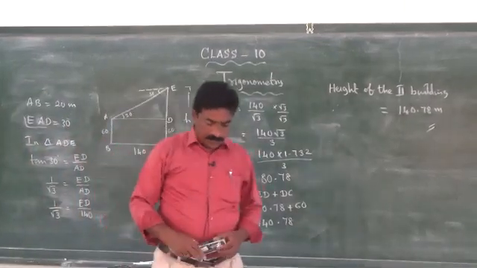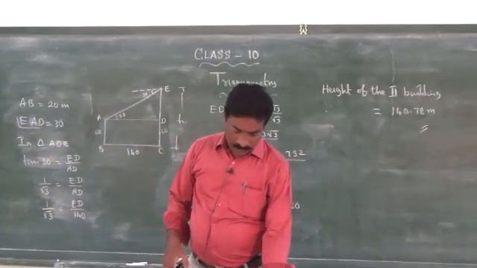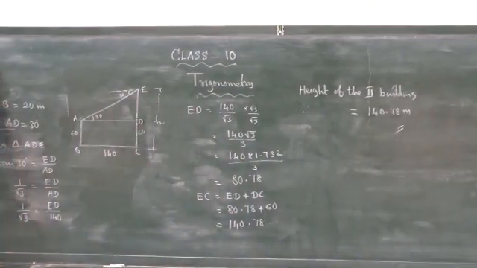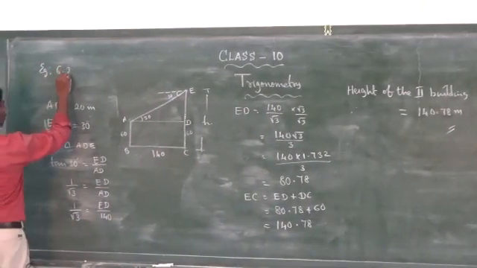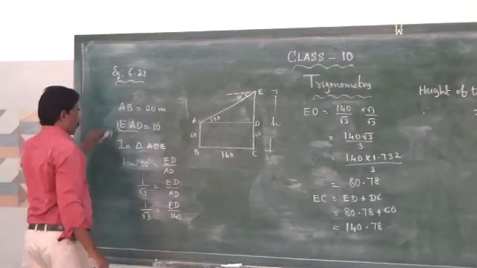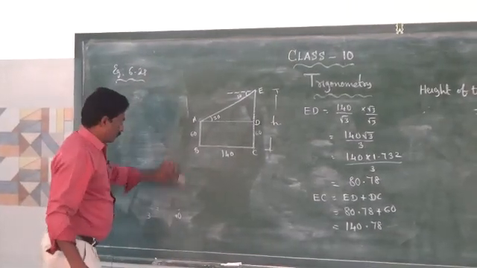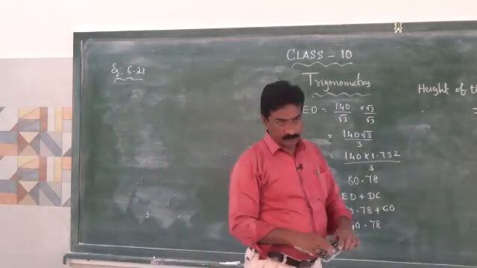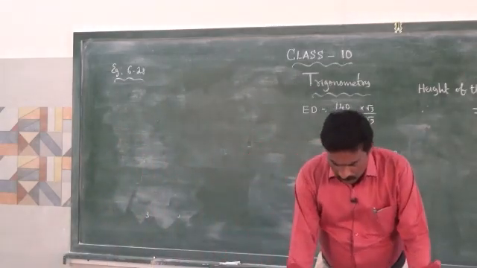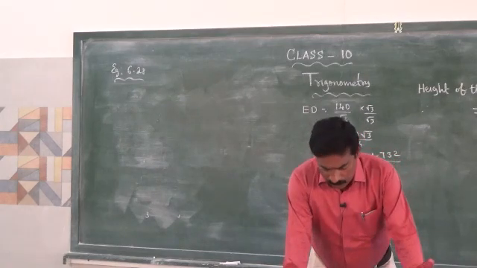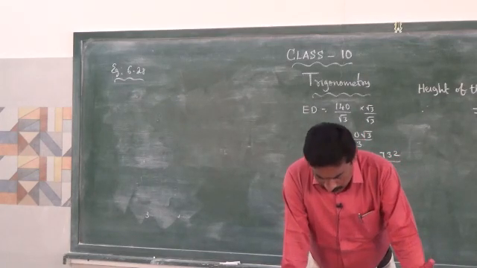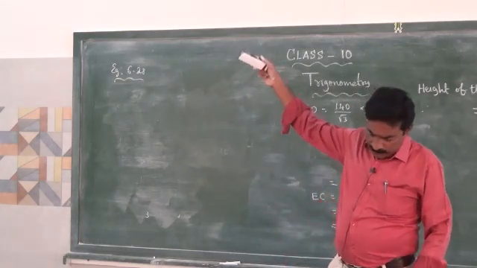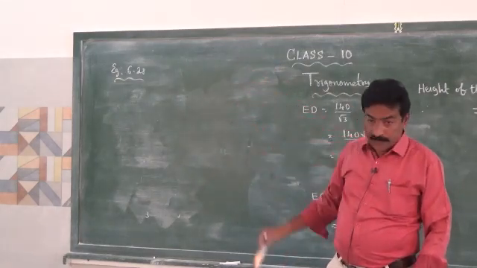Now the next example, 6.28. From the top of a tower 50 meter high, the angle of depression of the top and bottom of a tree.